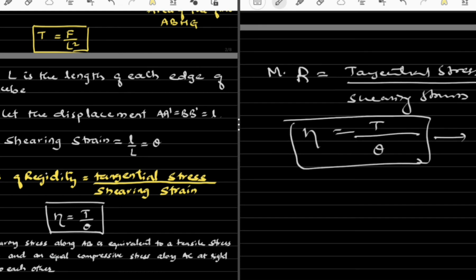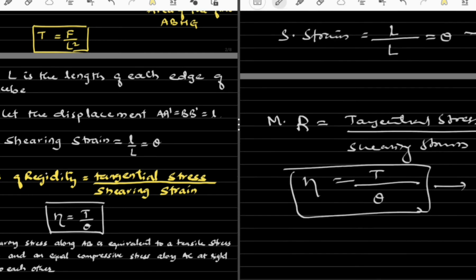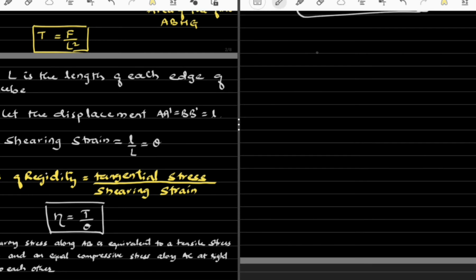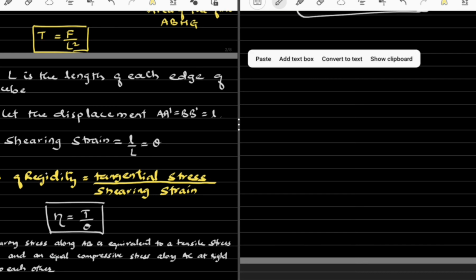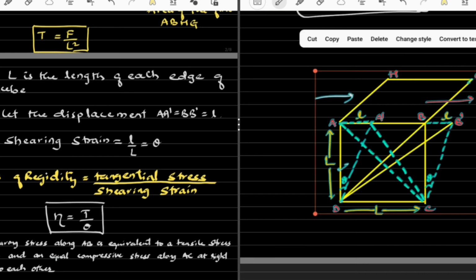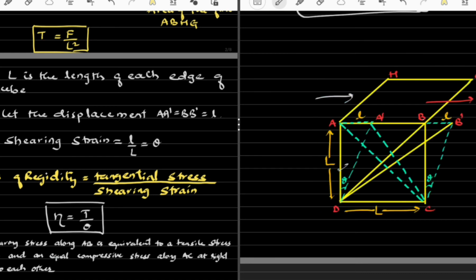So now what happens if we take a box and apply a force to that cube? The relative displacement will take place, and in which direction will it take place?